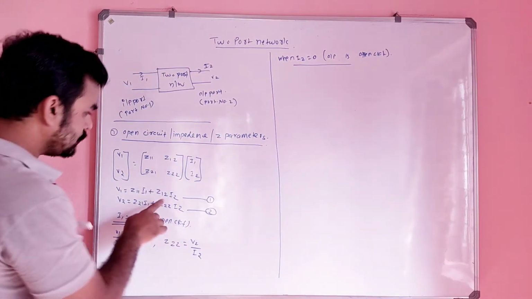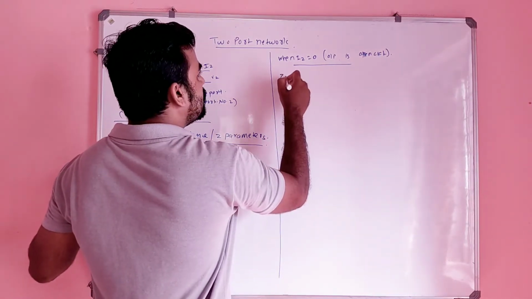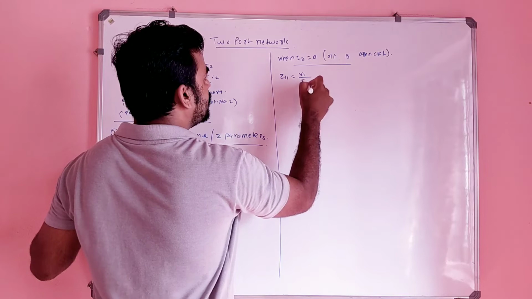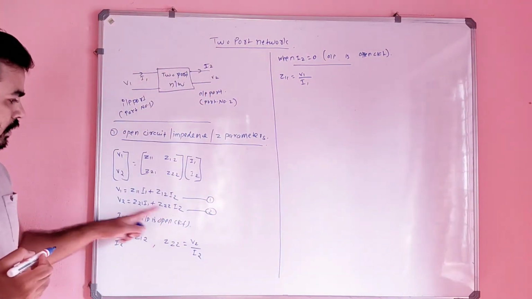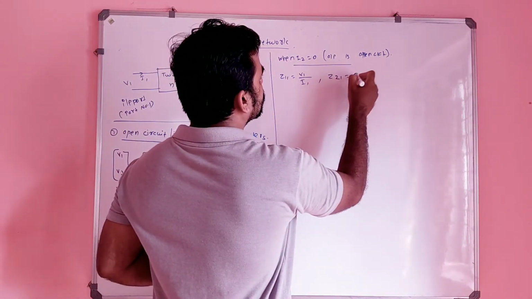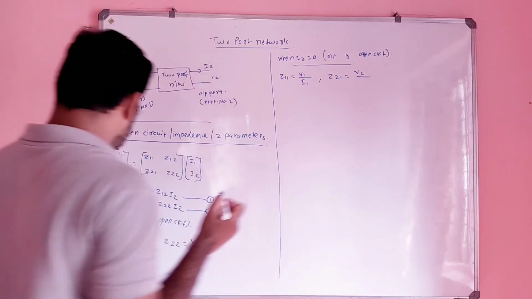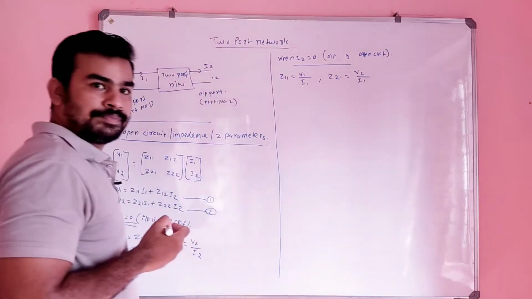So when I2 is equal to 0 in this equation, we will have Z11 equal to V1 by I1, and in the next equation, Z21 will be equal to V2 by I1, correct.